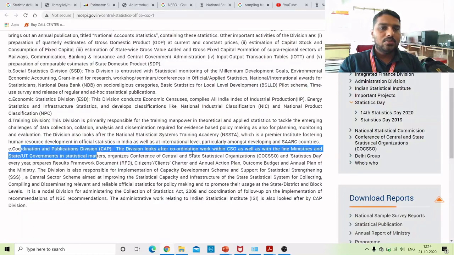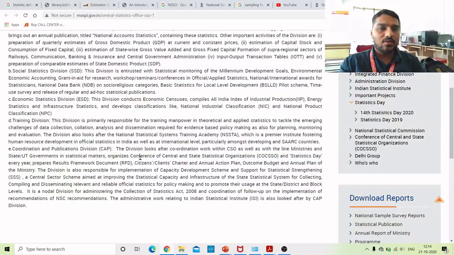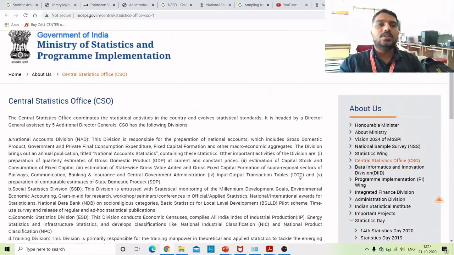The division looks after coordination work with CSO as well as with the line ministries and state or union territory governments in statistical matters, organizations, conferences and central and state statistical organizations. It also organizes Statistics Day every year and prepares the results framework document, citizens' charters, and annual action plans, and so on. That is the working of CSO, the Central Statistical Office.